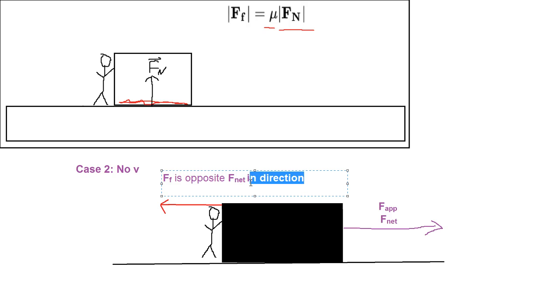Right? And the reason I make this distinction is we now have to compare the magnitude of the net force to the frictional force. Friction will only oppose the net force up until it reaches either its maximum magnitude or it cancels out the net force entirely.